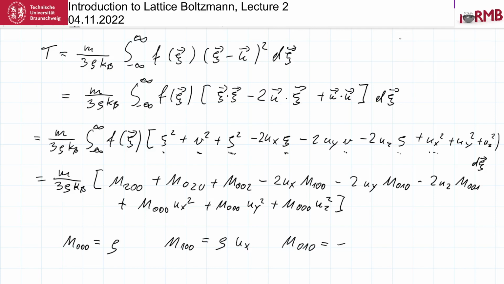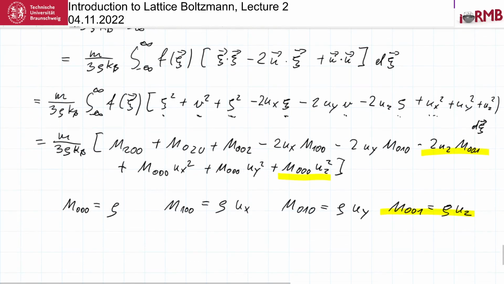M010 is rho uy, and M001 is rho uz. So now what you see is that if you take, say, this guy here, you will put this into this guy here, and then it will partly cancel with this guy here, right?